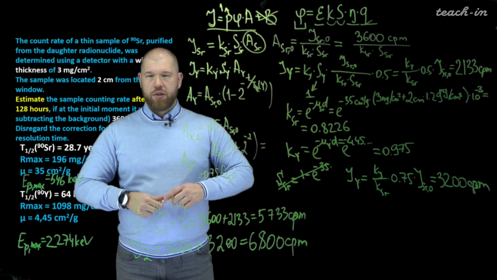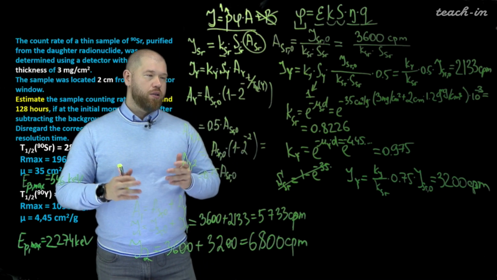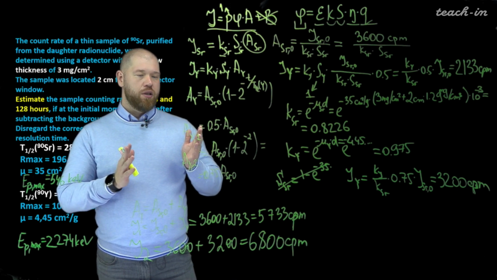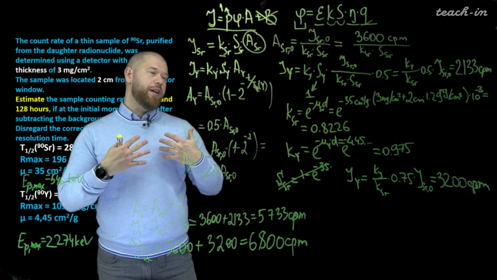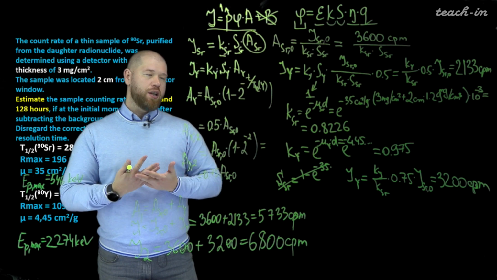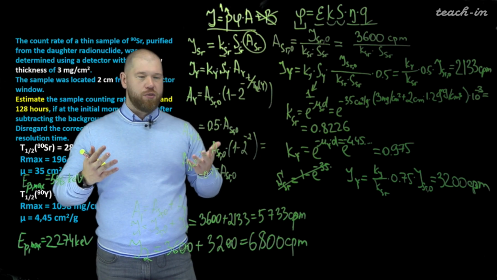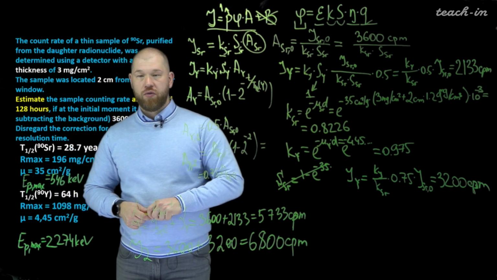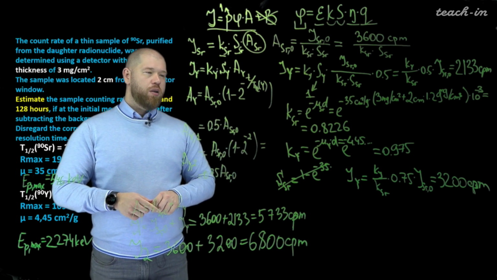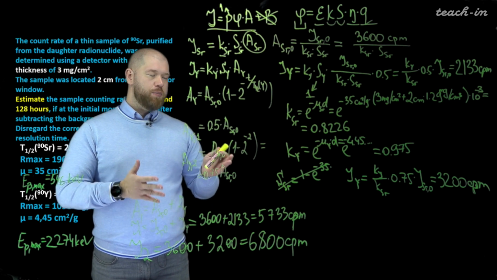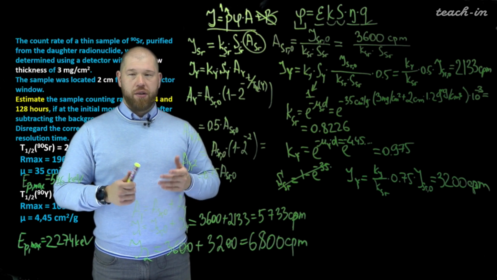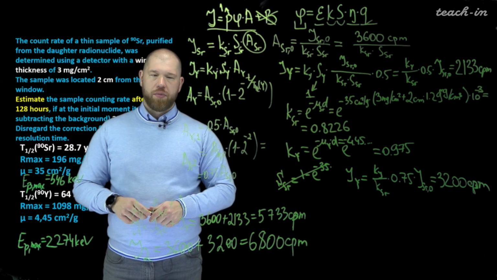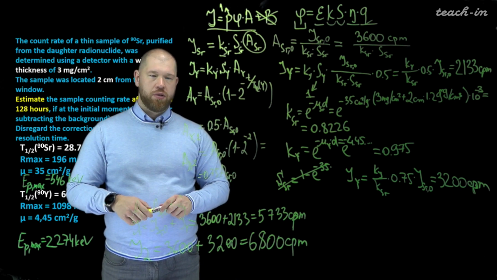So it is always important to remember the differences in penetration ability, and thus how many particles can reach, for example, the human body when we are working with beta-emitting radionuclides. This penetration ability depends mainly on the energy of the released beta particles.